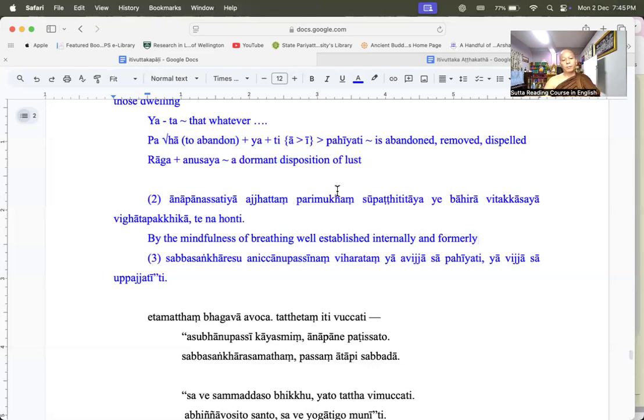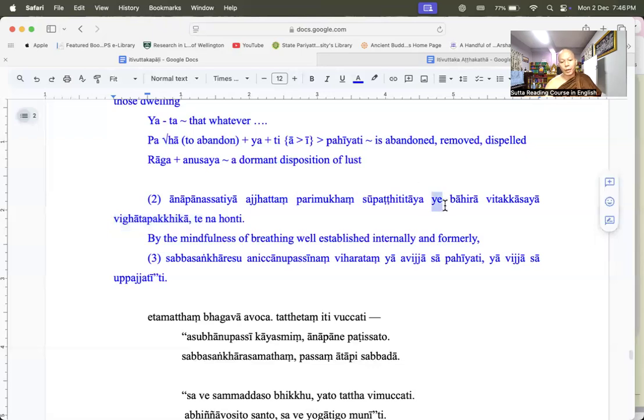Here parimukha cannot be translated as 'before you', because it is not the path in front. So 'in front of you' or 'in you' like that can be the meaning. So what can happen? Ye bahira vitakkasaya, ye vighatika, the pariyutthana, nahundi. Nahundi means there are none.